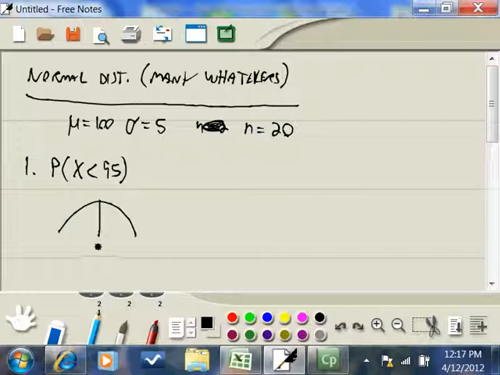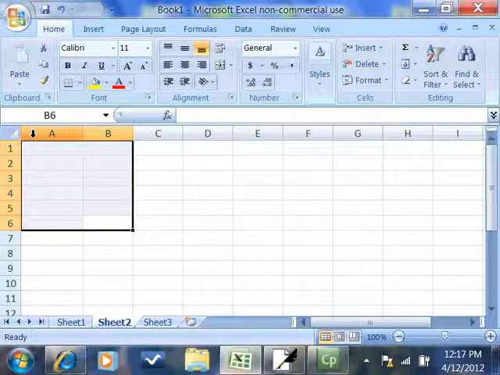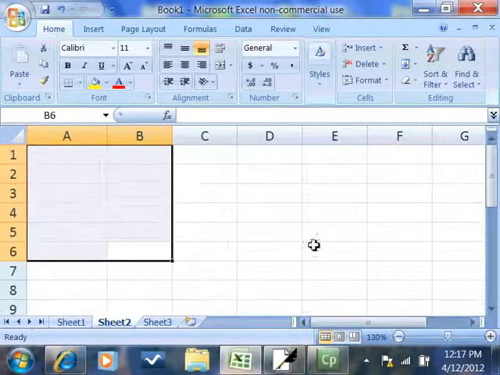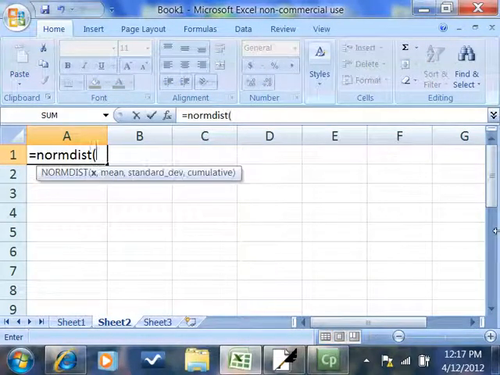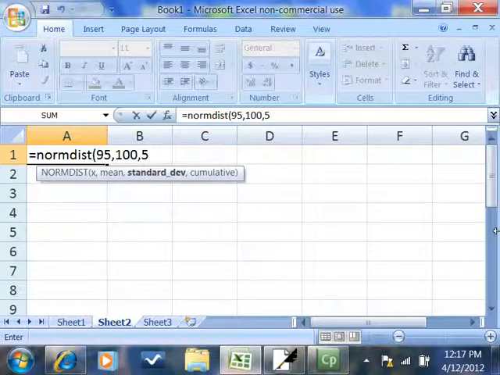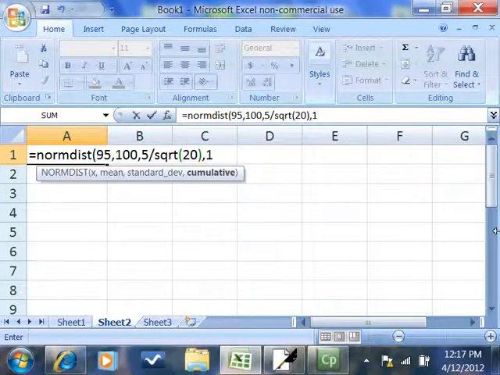Now, picture-wise, less than 95 would be this way, which is perfect for the Excel. So we'll go put that in. Okay, so equals NORM.DIST, and we say 95, comma, mean, which is 100, comma, standard deviation, and here we take it and divide it by the square root of n, and n was 20, and then 1 for cumulative.